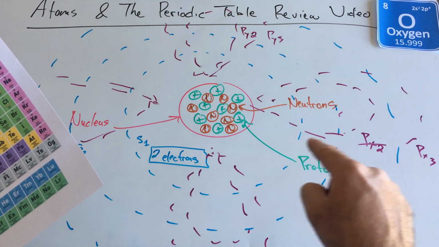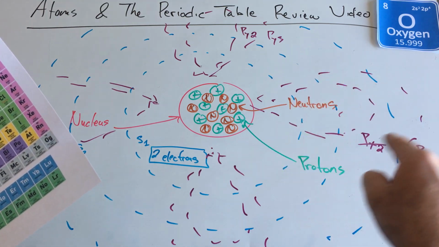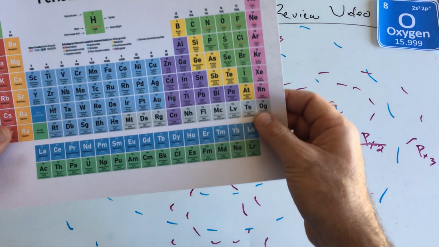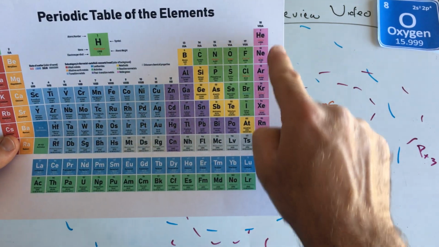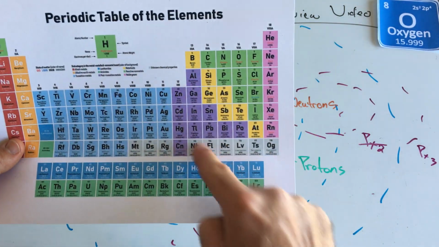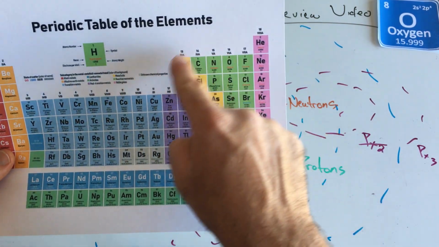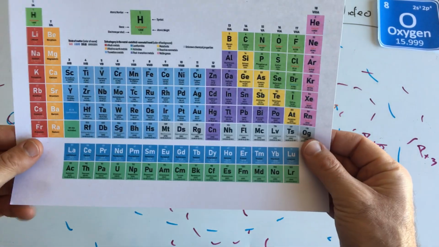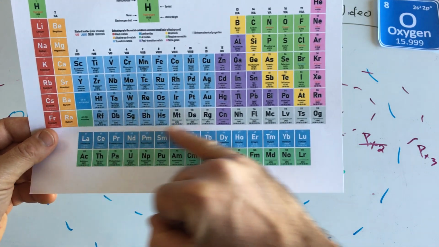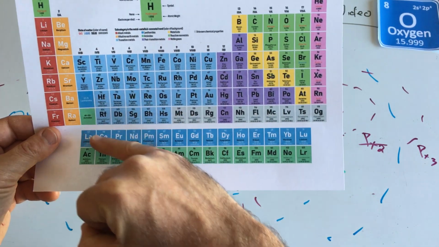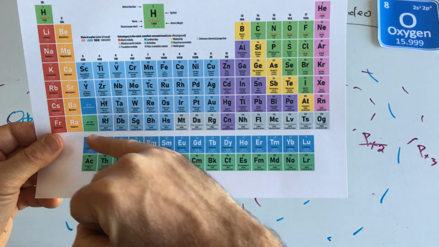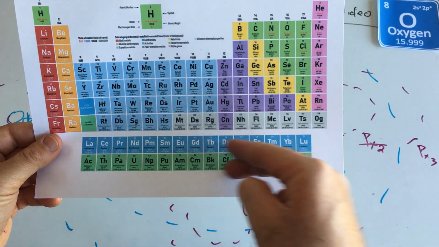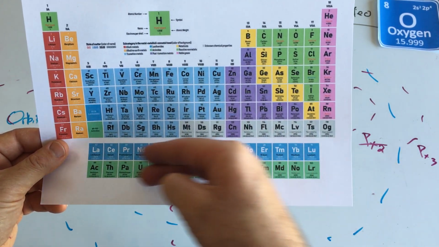If px3 has your outermost electrons, the furthest electrons out, then you'd be over here. So this is your p spot. So all of these, their outermost electrons are in a p orbital. And then this spot here is all d orbitals. And then these guys down here are f orbitals.